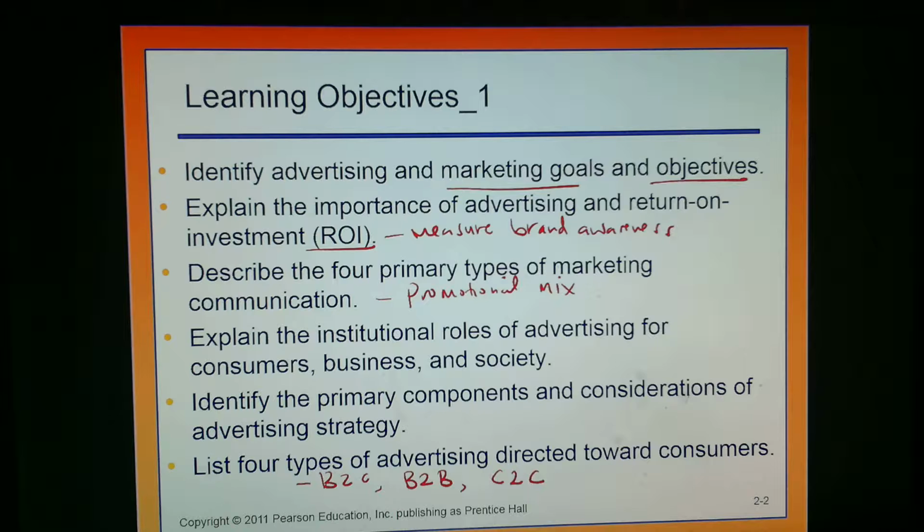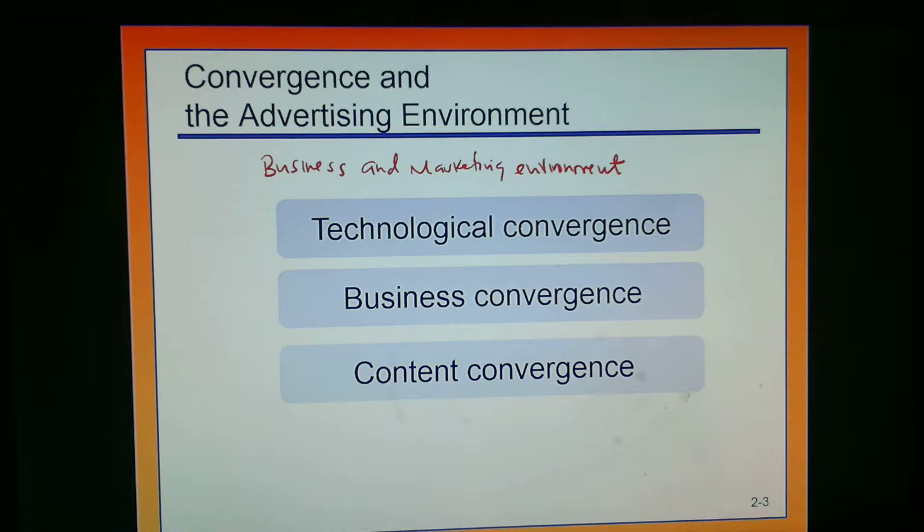So let me give you an overview of what is happening in the business environment and the marketing environment. We all agree that the business environment is always dynamic. It's always changing, because of so many factors within the environment, which can be political factors, legal factors, economic factors, sociocultural factors, and so on, or global factors.